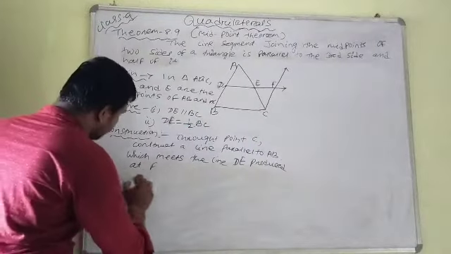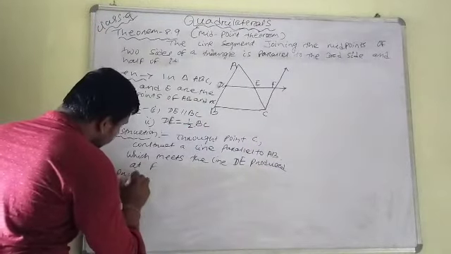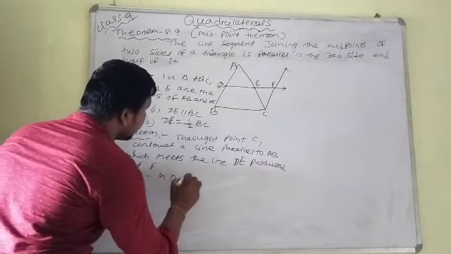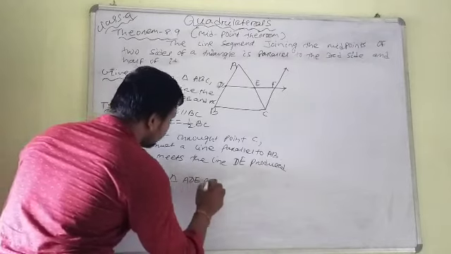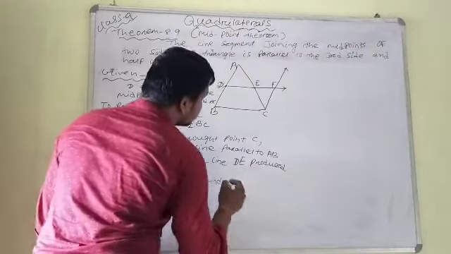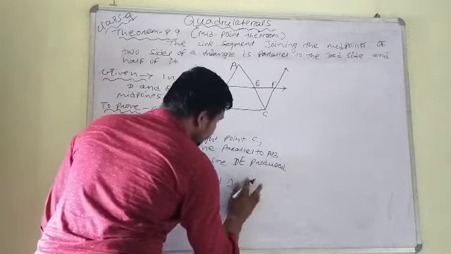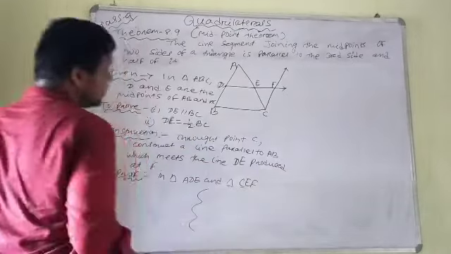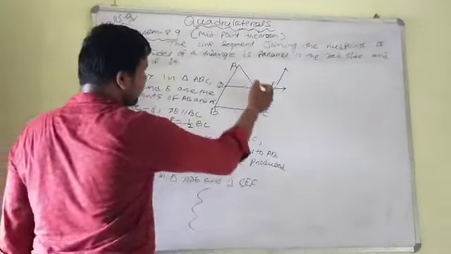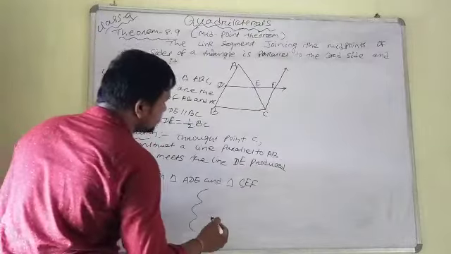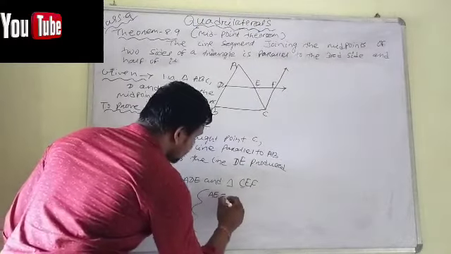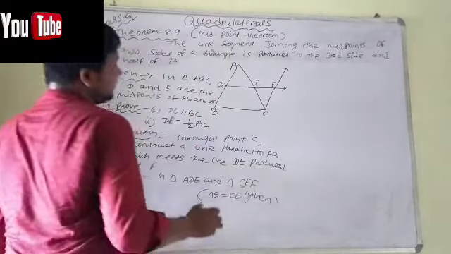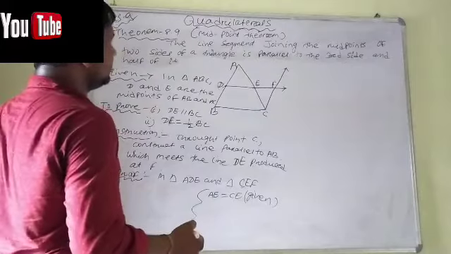So come to the proof. First, in triangle ADE and triangle CEF, we can say AE equal to CE. That is given, because E is the midpoint of AC.